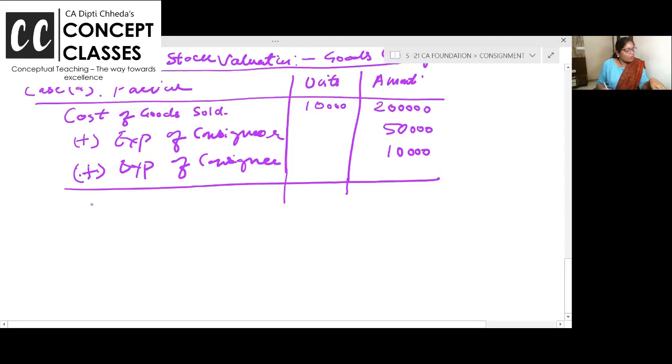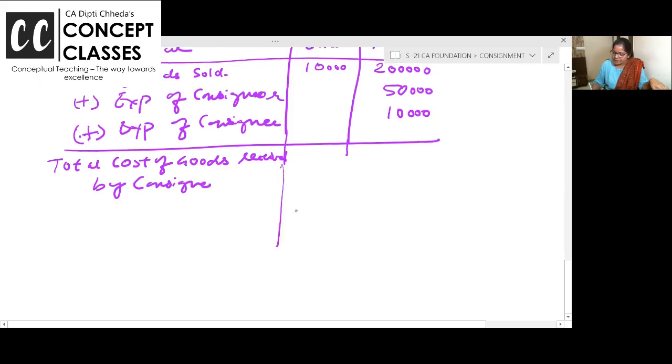Now, what is the total cost of goods? Total cost of goods received by the consignee, 2,60,250 rupees. Now, how many are closing stock units?